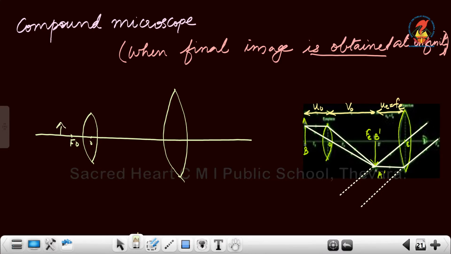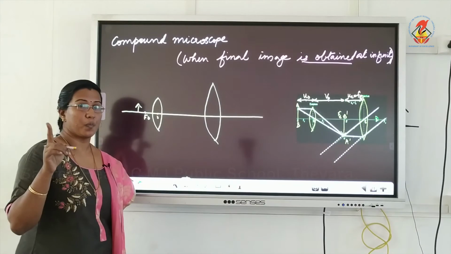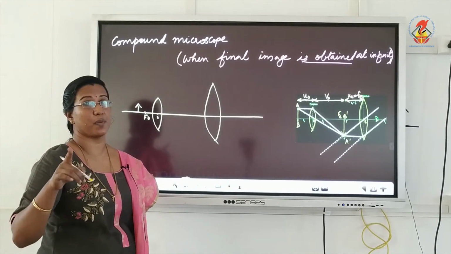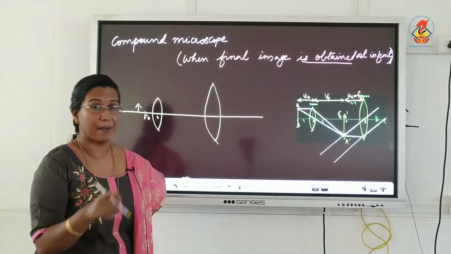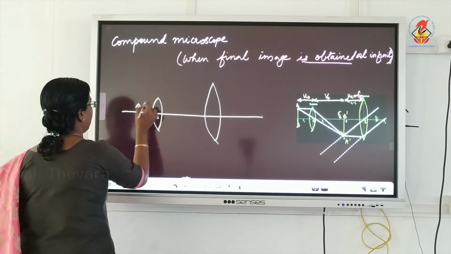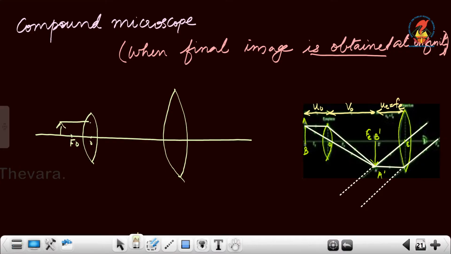And remember, in the case of a simple microscope, to obtain the image at infinity, where must the object be placed? The object should be placed at the focus of the lens. In the same way, here the rays of light, after refracting through the lens, meet at a point, and the image of the objective is obtained at the focus of the eyepiece.